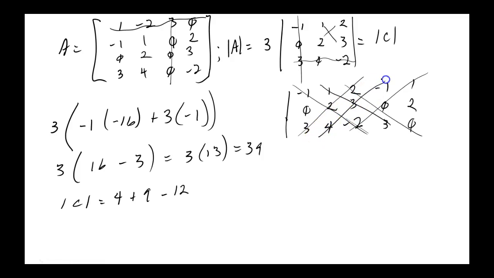This up diagonal is going to be what? Positive 12. All right, that's working out. And the last up diagonal is going to be 0, right? Well, plus 12 minus 12 adds to 0, and that gives us 13, which is exactly what we got there.